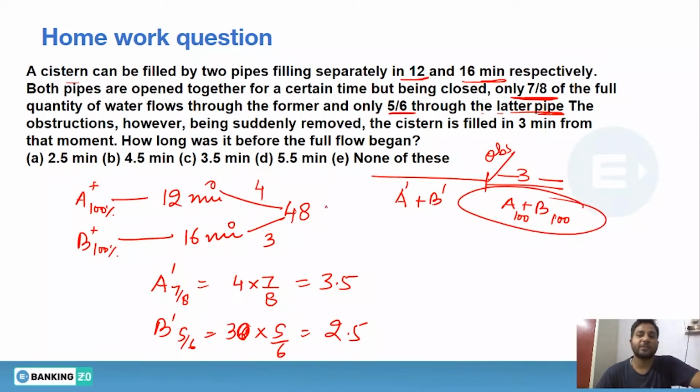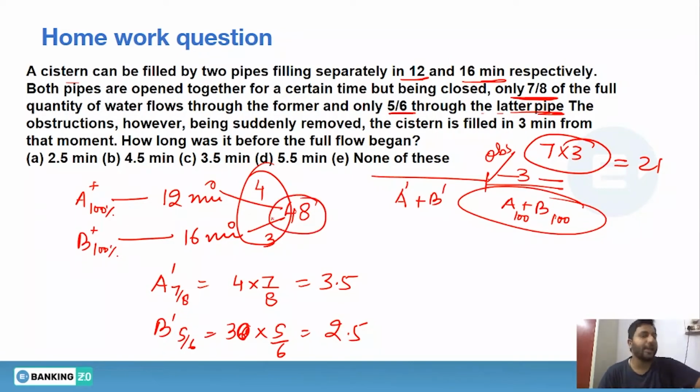So the sum of their 100% efficiency is nothing but 7. And if 7 units can be filled in 1 minute, that means in 3 minutes they have filled the remaining 21 units. And as you know that you have to fill 48 units, that means earlier they have filled 27 units with the damaged pipes.